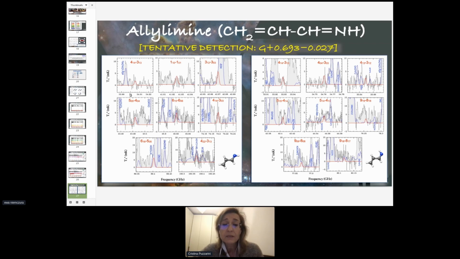Tentative because, as you see, the number of unblended or only partially blended features is limited. In this case, allylamine was produced with the setup shown on the left side, the one surrounding the cell.